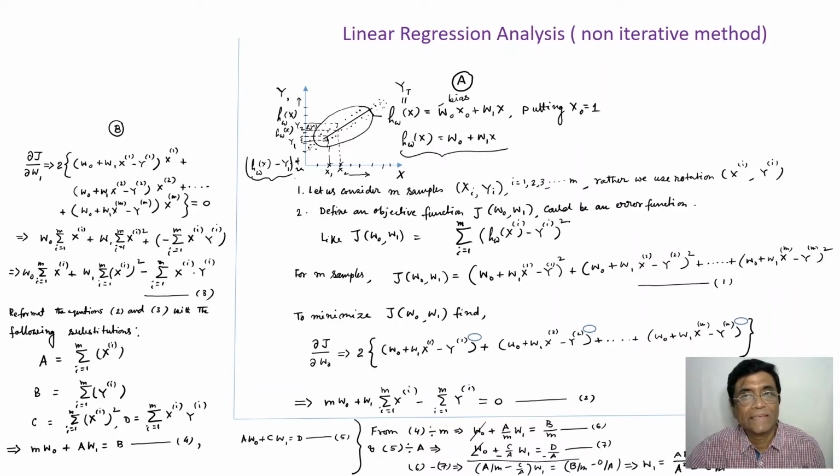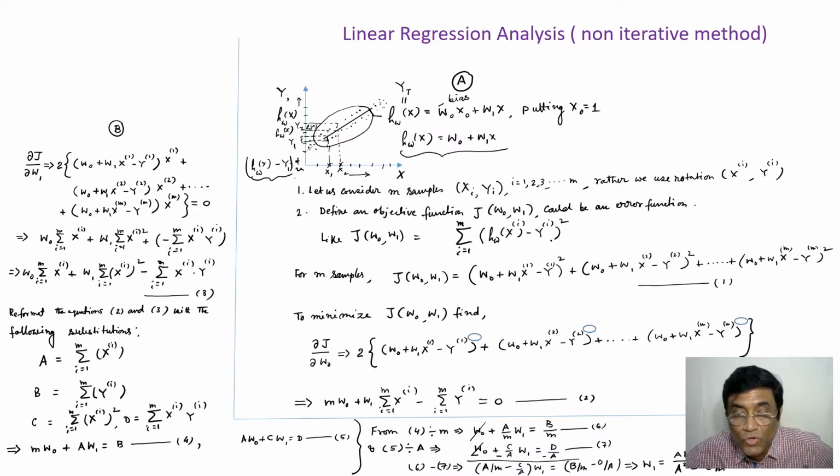But right now you can just assume that we want an error function, simple. It could be a square error function. J is actually a square error function. Okay. You are clear? The reason I square right now is because sometimes my predicted value is more than the ground truth, and sometimes my predicted value is less than the ground truth.